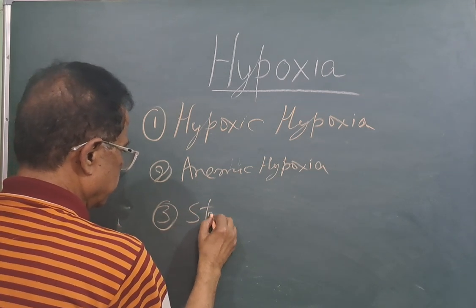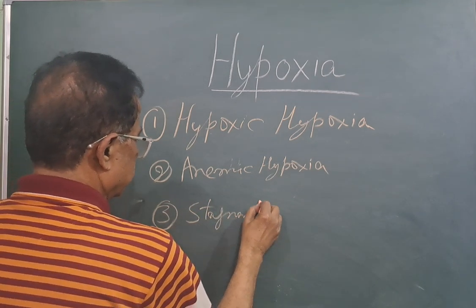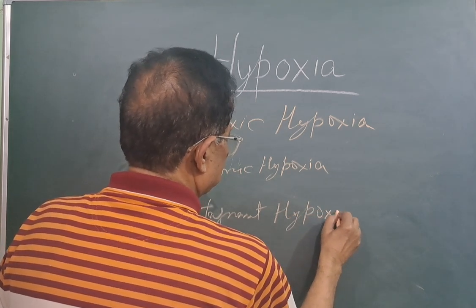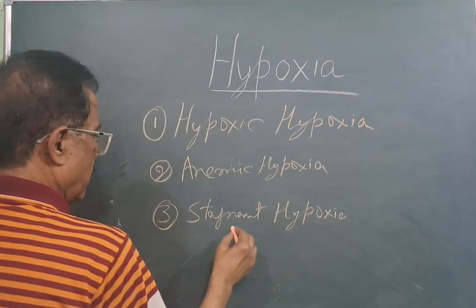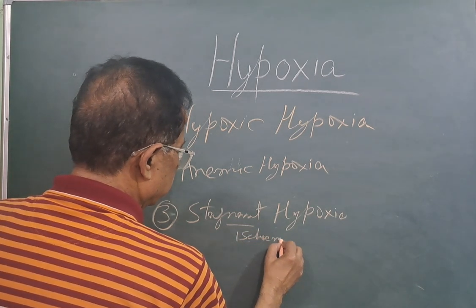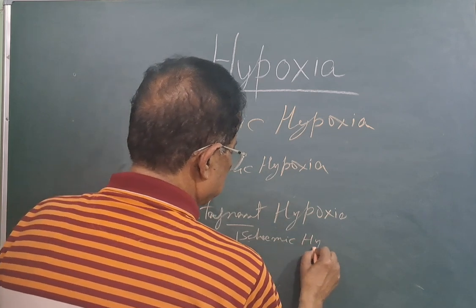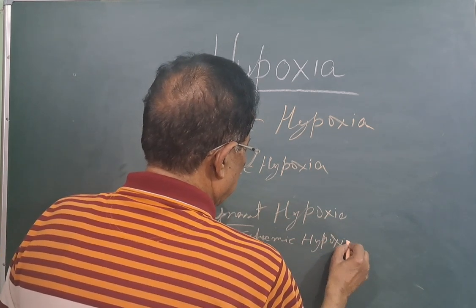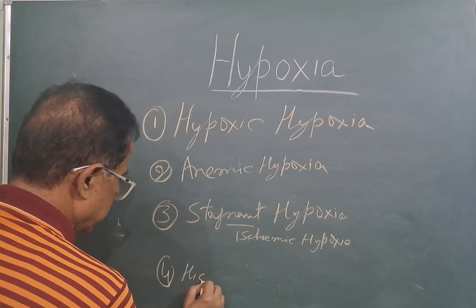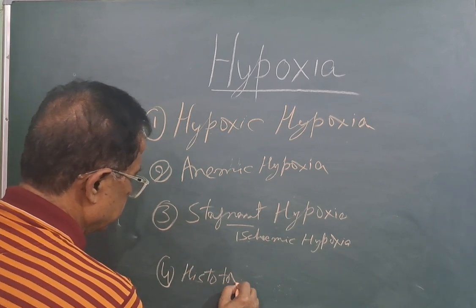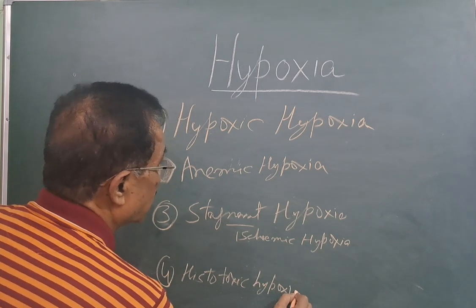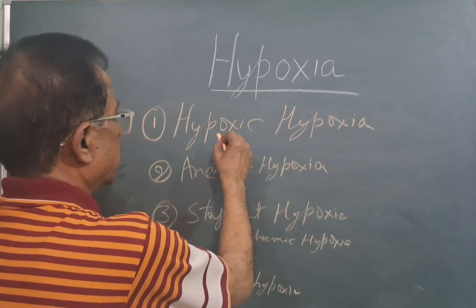Third, stagnant hypoxia, also known as ischemic hypoxia. And fourth is histotoxic hypoxia.